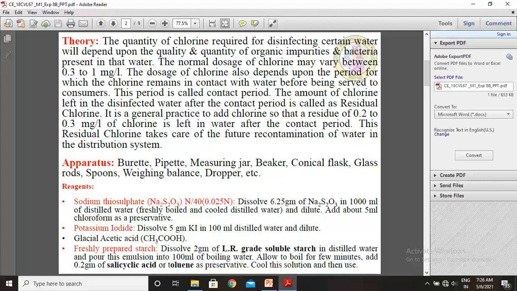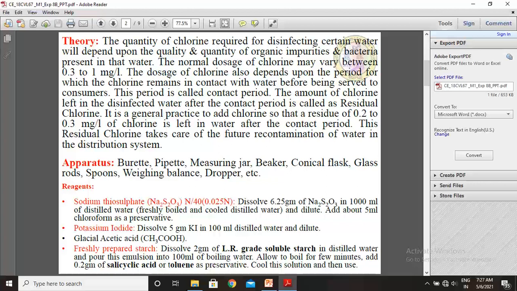The dose of chlorine also depends upon the period for which the chlorine remains in contact with water before being served to consumers. This period is called contact period. The amount of chlorine left in the disinfected water after the contact period is called residual chlorine.